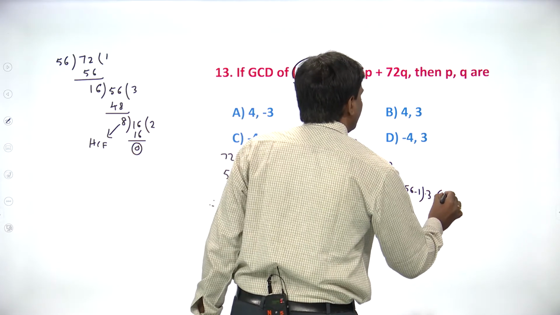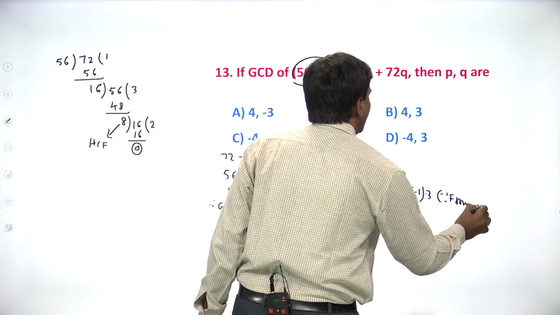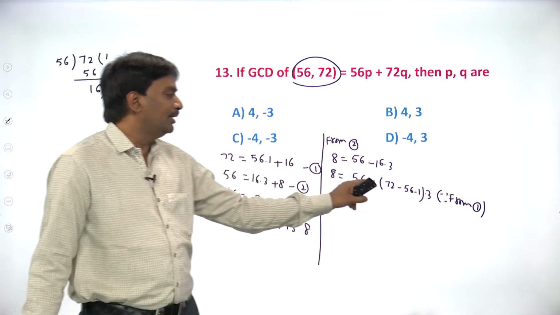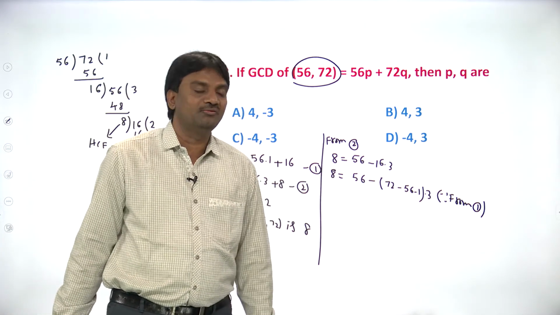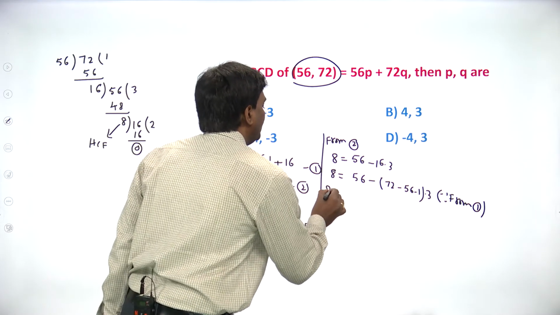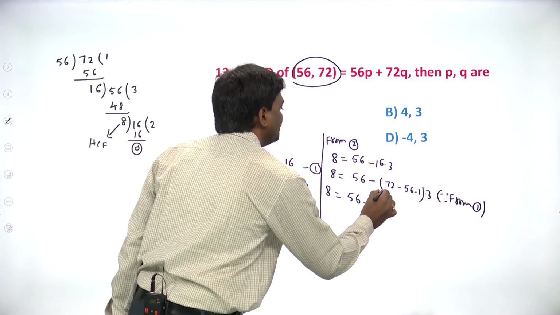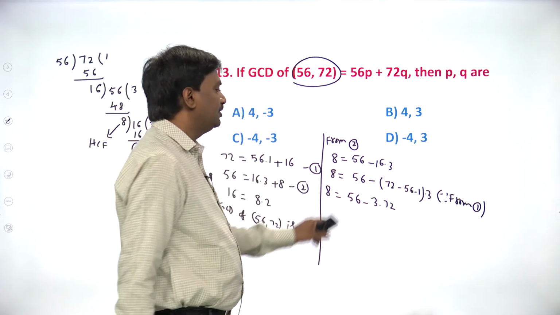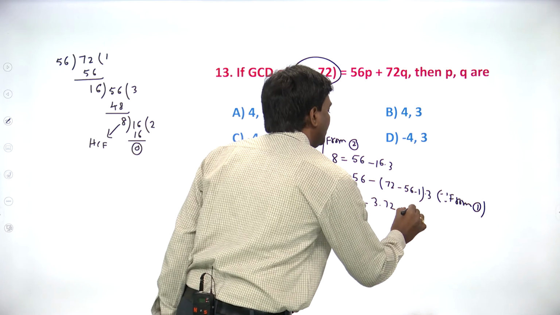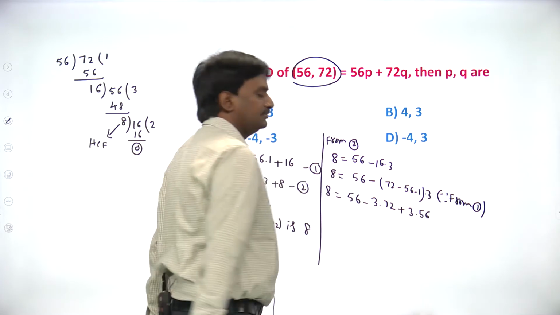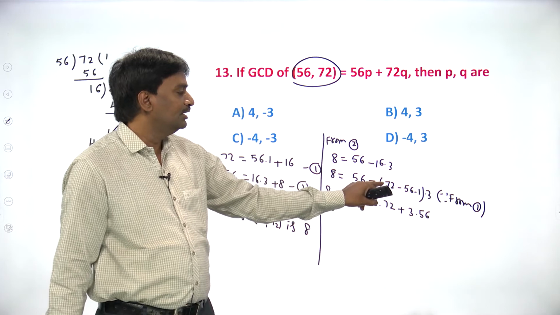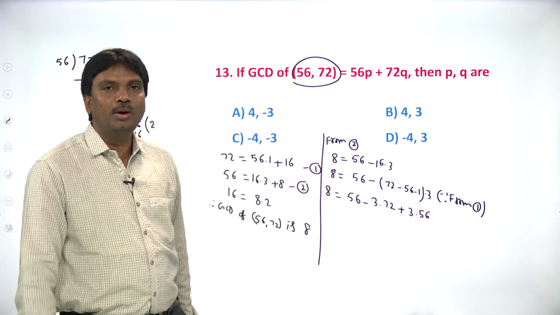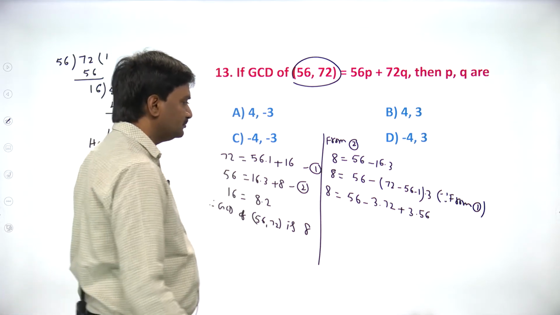By using equation 1, we can write 16 as 72 minus 56 into 1. So, by simplifying, 8 equal to 56 minus 3 into 72 plus 56 into 1 into 3, that is 56 into 3.